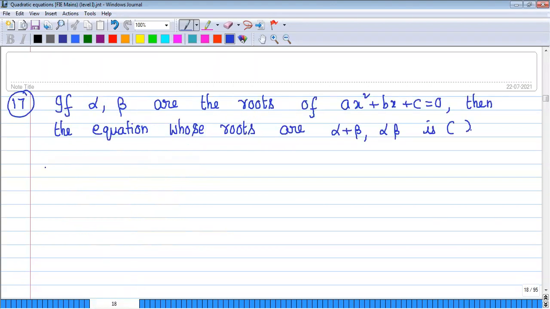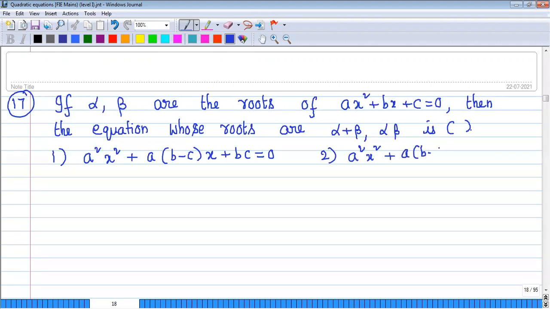First option, a square x square plus a times of b minus c x plus bc equals to 0. Second option, a square x square plus a times of b minus c x minus bc equals to 0.